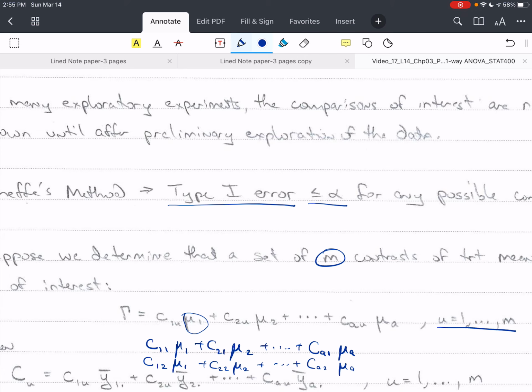They all deal with combinations of mu 1 to mu A. Some of these coefficients may be 0, but we can define them, okay?